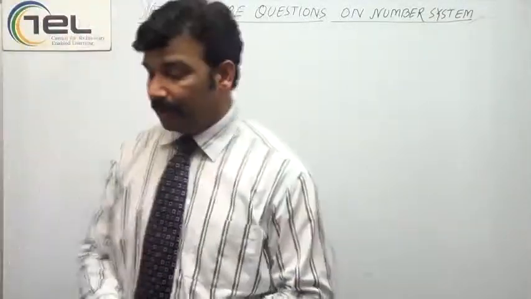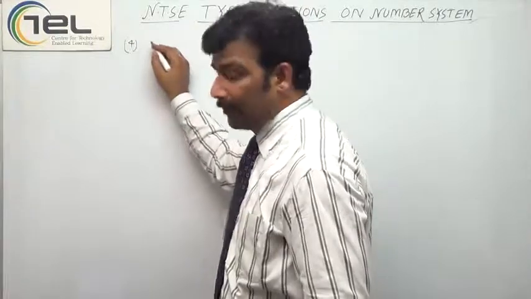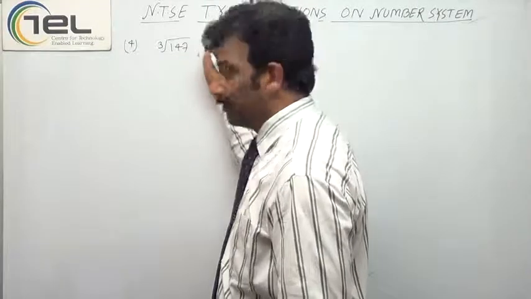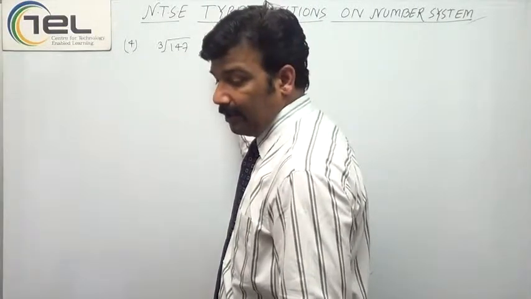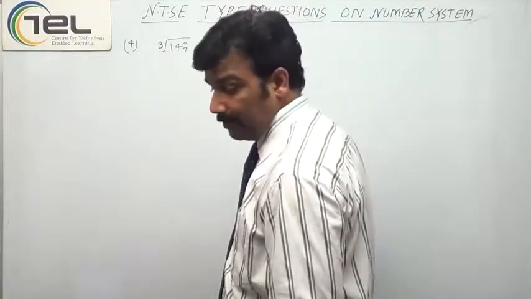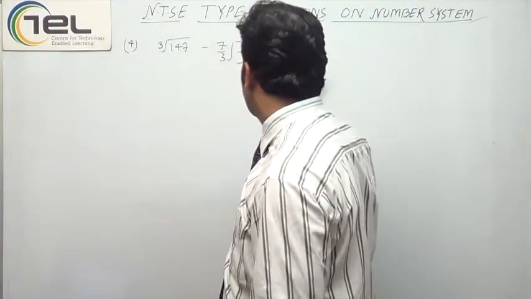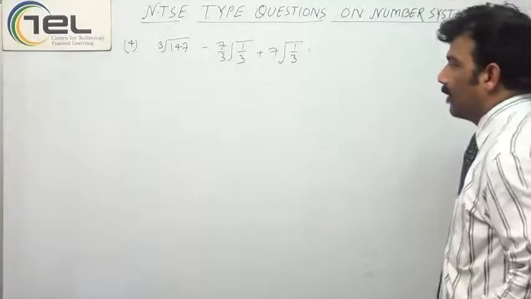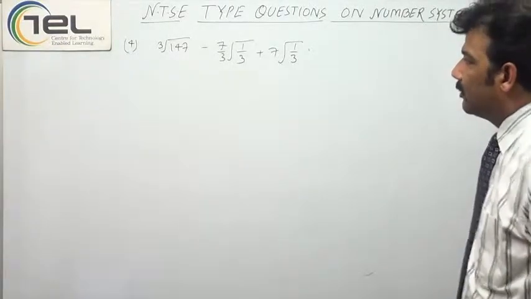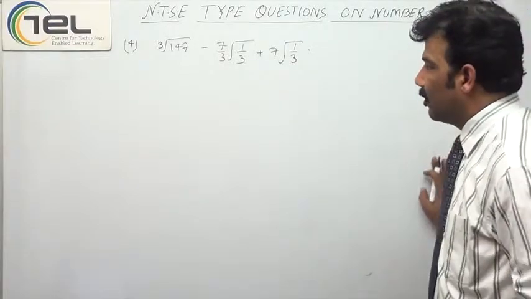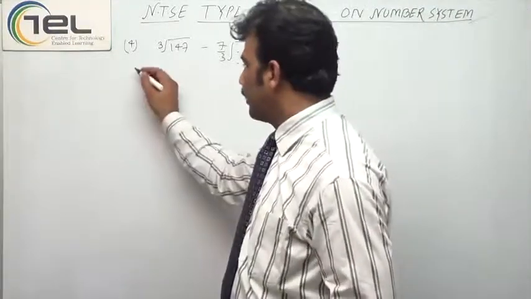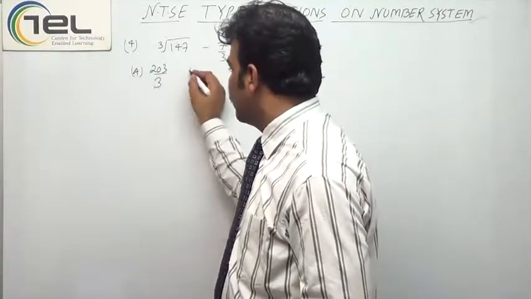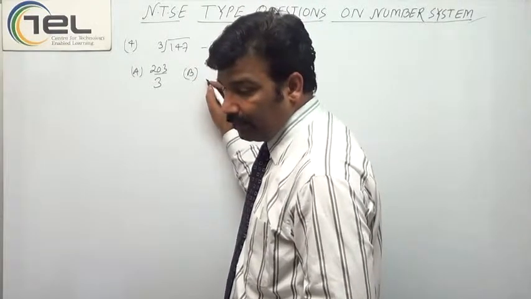Question number 4 says it is 3 root 147, okay, minus 7 by 3 under root 1 by 3 and plus 7 under root 1 by 3, and this is equal to which? So how can we take it? I'm not writing options at this time, or should I write? Let's say I will write it for you. A is 203 by 3. B option says it is 203 root 3.